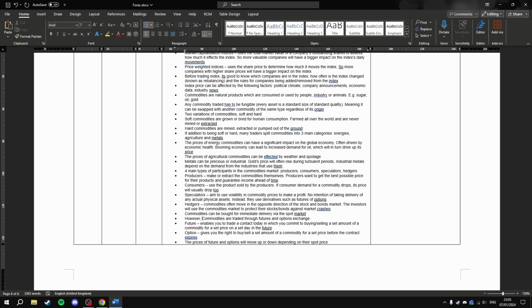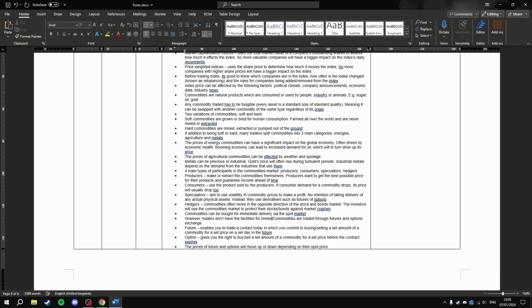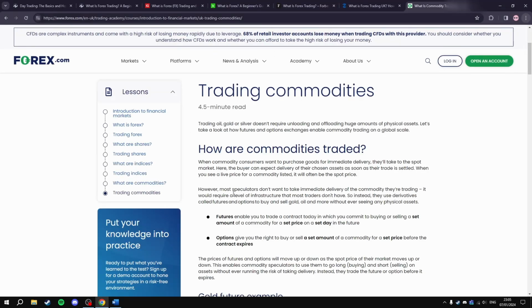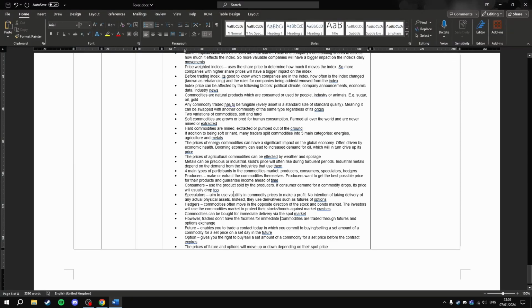However, traders don't have the facilities for immediate delivery. Therefore, commodities are traded through futures and options.